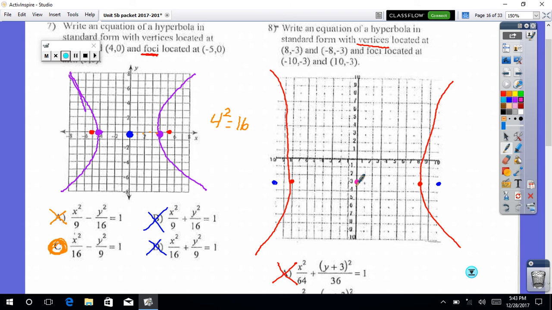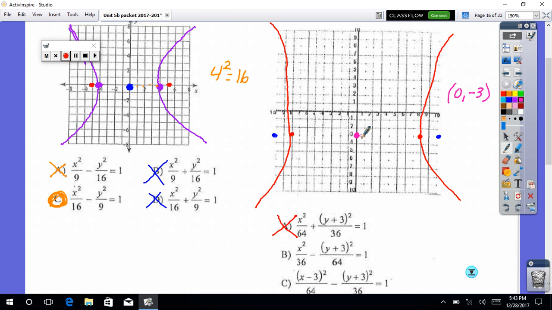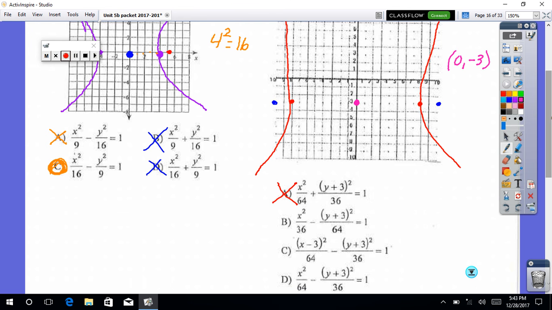So since I'm halfway, there's my center right there, and that is at 0, negative 3, the coordinate of the center of my box. Remember, when you plug that in, you're looking for 0 with the x, positive 3 with the y. Again, that's 0 with the x, positive 3 with the y when you plug it in.